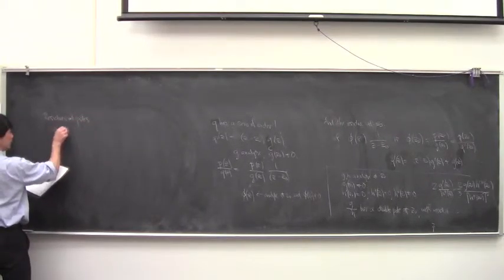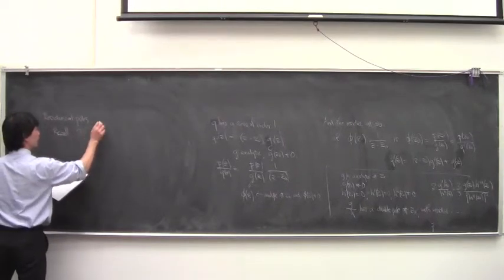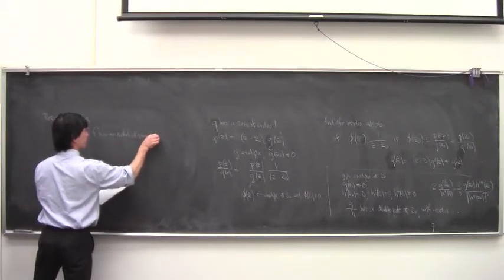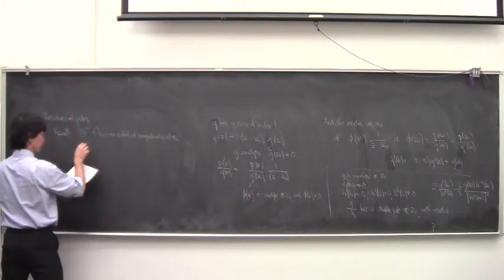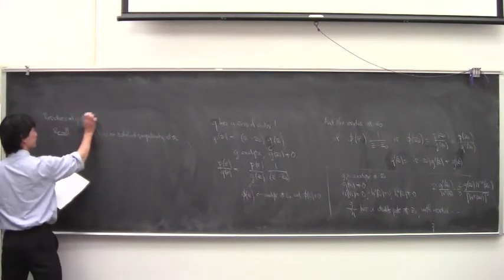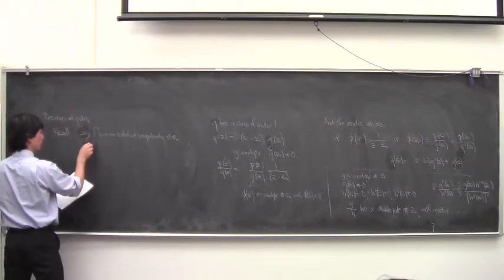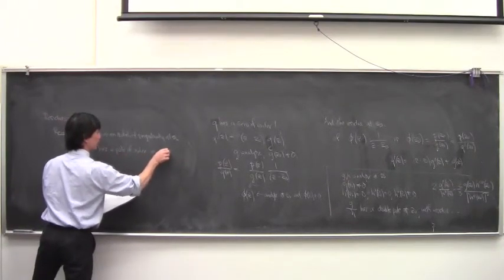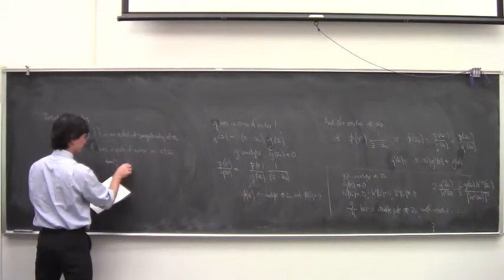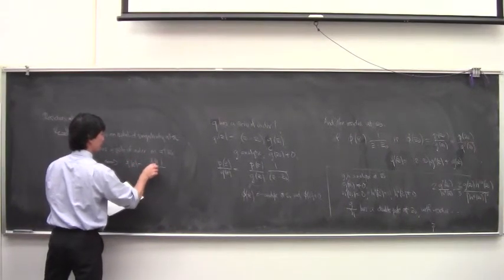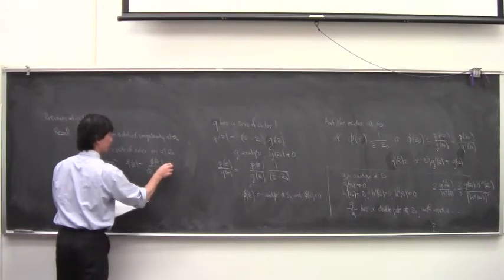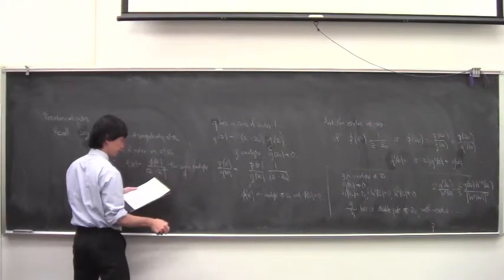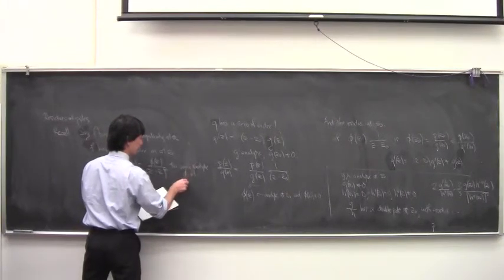So recall, if f has an isolated singularity at z naught, then f has a pole of order n at z naught if and only if f equals phi of z over z minus z naught to the n for some analytic phi such that phi of z naught is non-zero.